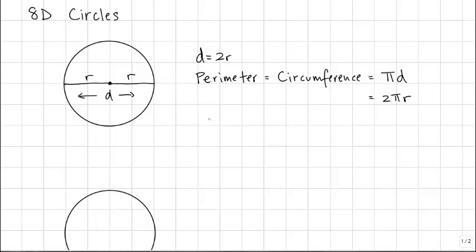Now, pi is an irrational number, meaning that it can't be expressed as a decimal or a fraction exactly. The decimal approximation for pi starts off with a very familiar 3.14159, etc., and would go on forever if you wanted it to. You don't really need to remember any of the digits of pi.